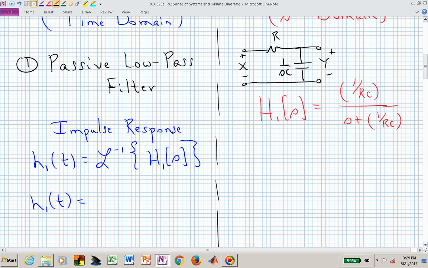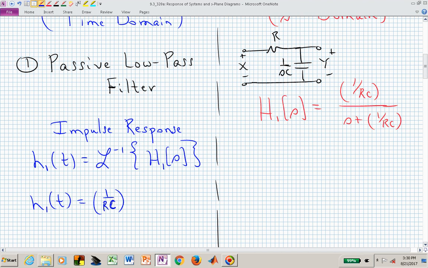It depends on what elements we have in the circuit and how they are interconnected between the input and the output. To find little h sub 1 of t, we can simply inverse Laplace transform capital H sub 1 of s. That's pretty straightforward, because we now have just a gain 1 over RC weighting a 1 over s plus a pole.